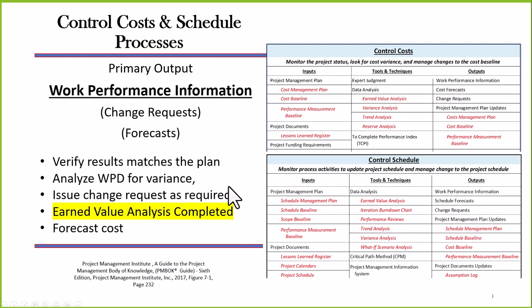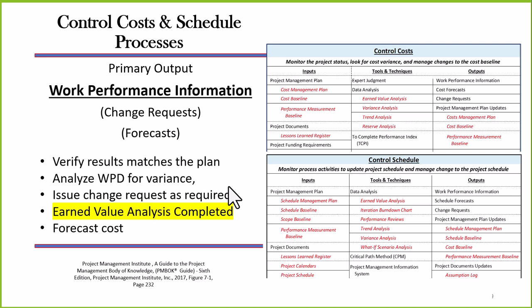We control cost and schedule. These are two processes that are very important to us. And this is where we will do our earned value analysis. This is where we will determine how we're performing with regards to the budget and with regards to the schedule. And you can see these two processes listed here: control cost and control schedule.